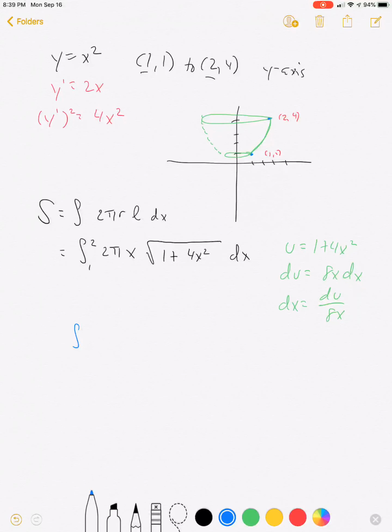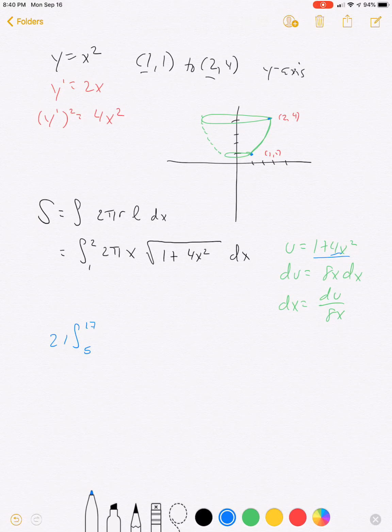Now I am going to change the bounds. If I plug 1 in for x in my u equation, I get 1 plus 4 times 1, that's 5. If I plug in 2, 2 squared is 4, times 4 is 16, plus 1 more is 17. So my upper bound becomes 17.